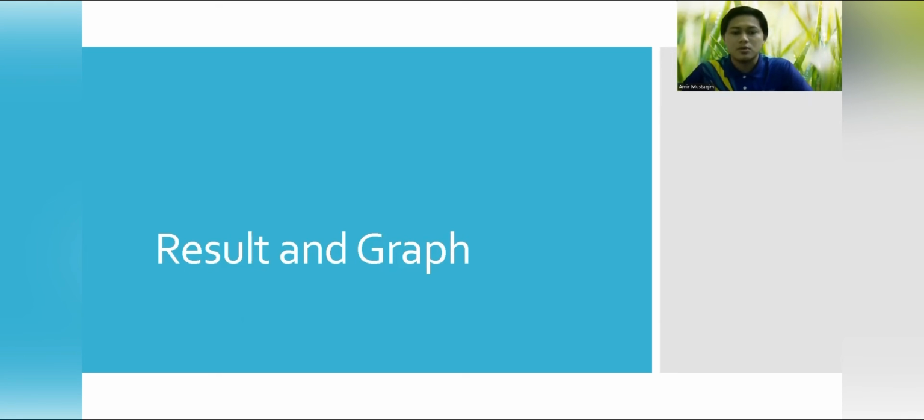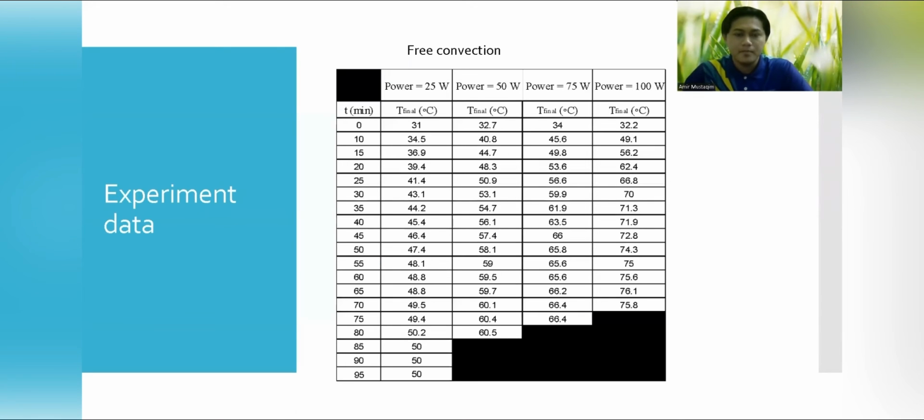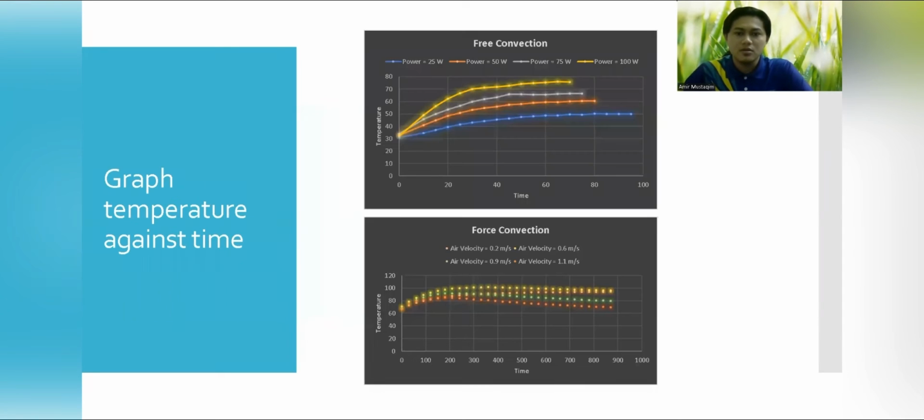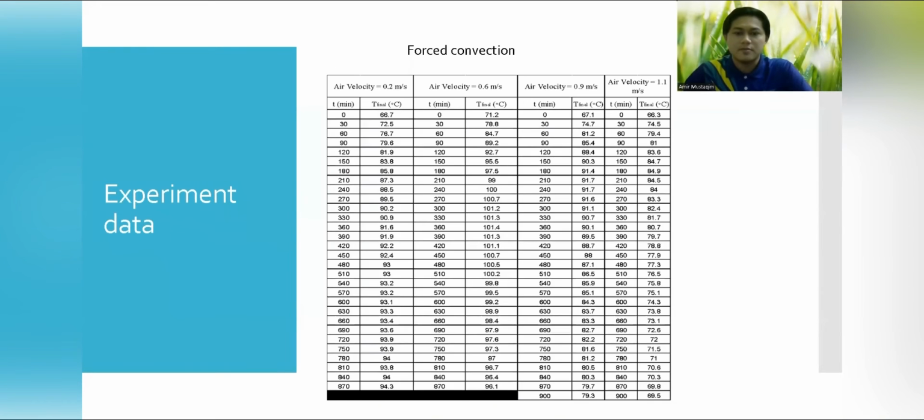We will continue our presentation with results and graphs. This is our experiment data for free convection, and this is our experiment data for forced convection. Next is the graph of temperature against time, which we get from these two sets of data.